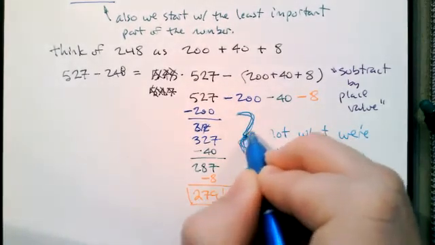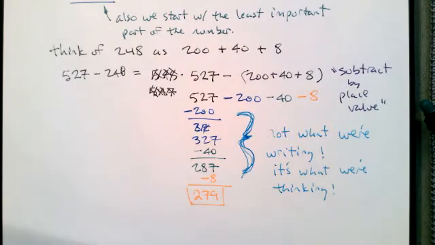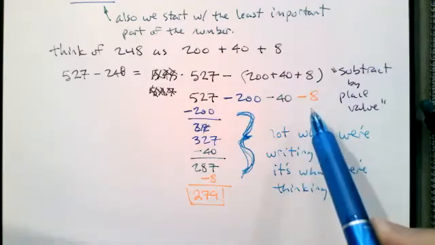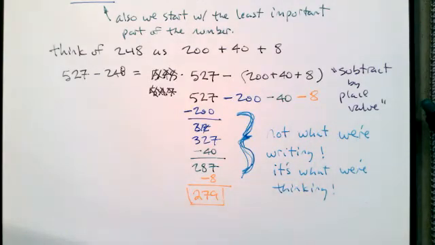It's really hard to scale up these little curly brackets. It's not what we're writing, it's what we're thinking, and it's based on understanding the distributive property. When we're subtracting 200 and 40 and 8, we subtract 200, and then subtract the 40, and then subtract the 8. That's just the distributive property.